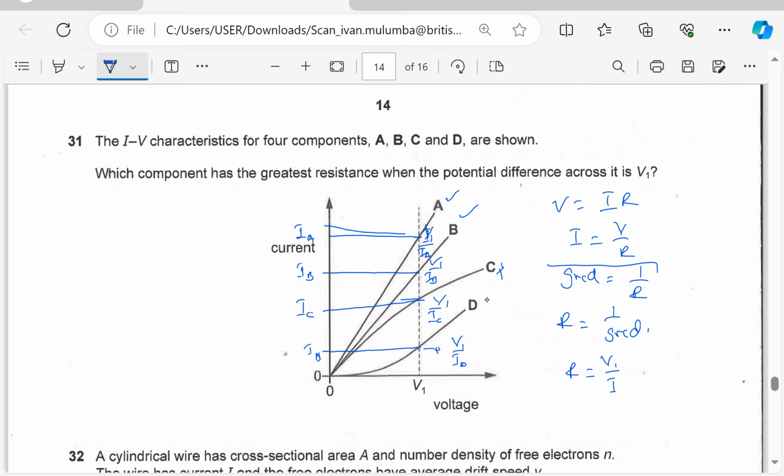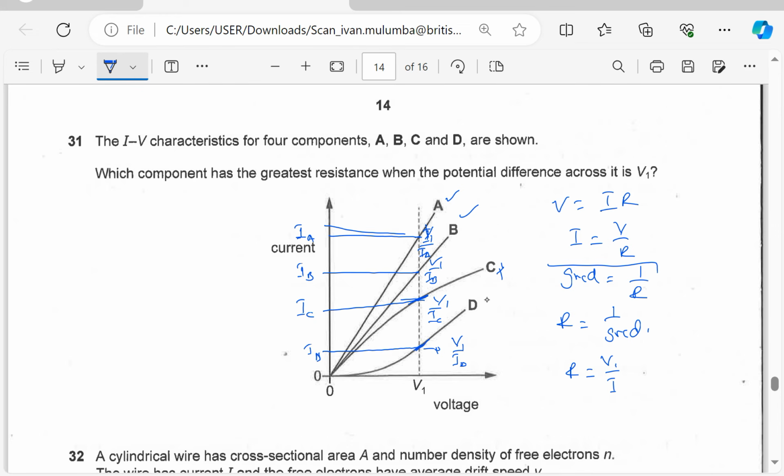at V1, when I look at the gradients, because this is a decreasing gradient, means at V1, the resistance is now increasing because the gradient is decreasing, and here the gradient is increasing. Which component has the greatest resistance when the potential difference across it is V1?